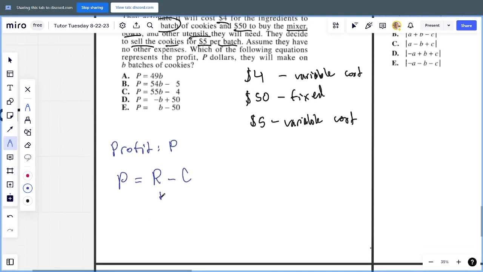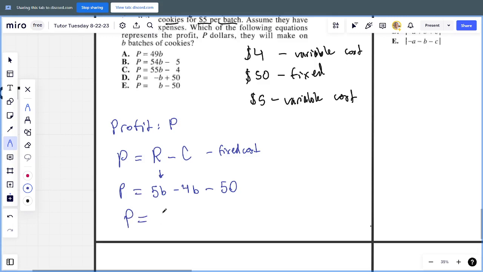The revenue that they're going to make is $5 per batch of cookie, and then the costs are going to be $4 per batch of cookie. And then we also have to subtract our fixed cost. So the fixed cost is just going to be that $50.